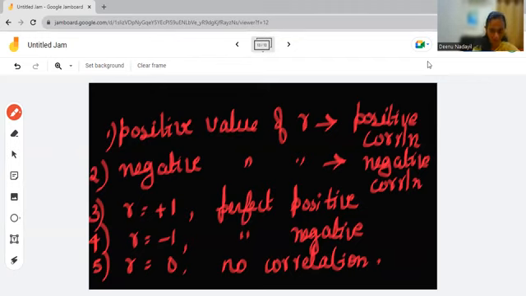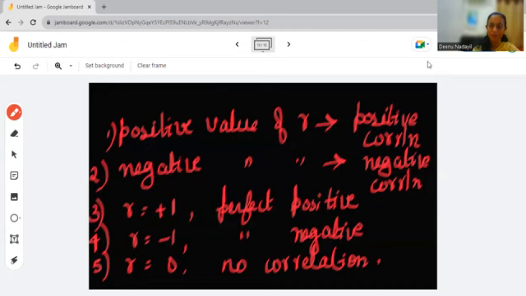Once you get the answer, don't forget to write the conclusion. So how to write the conclusion? Plus sign, positive correlation; minus sign, negative correlation. If the answer is 0, no correlation. If your answer is exactly +1, perfect positive. If exactly -1, perfect negative.